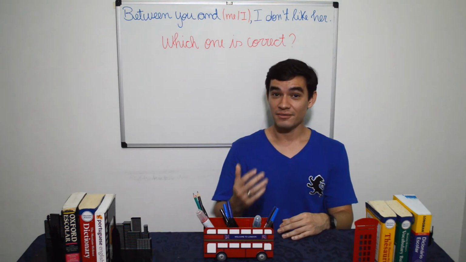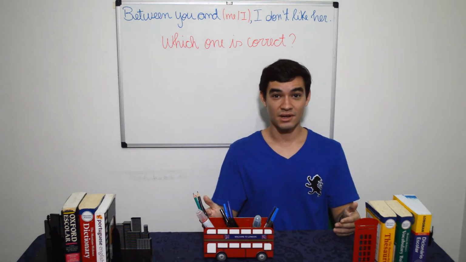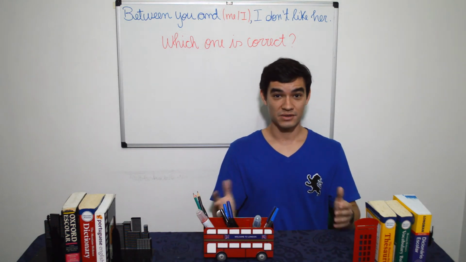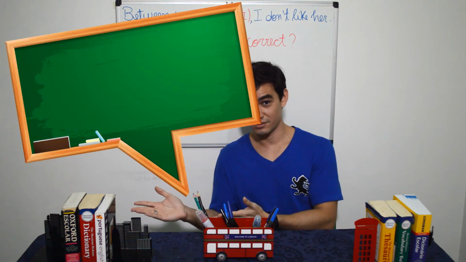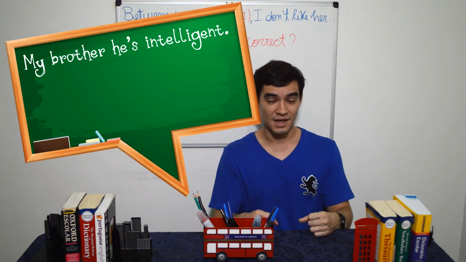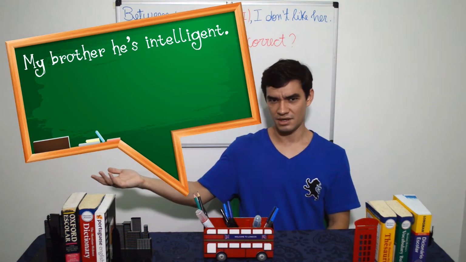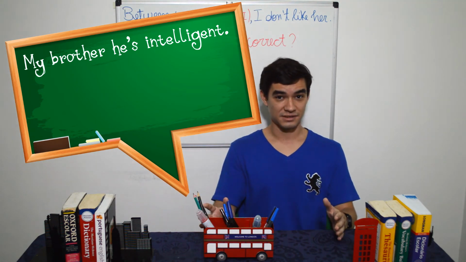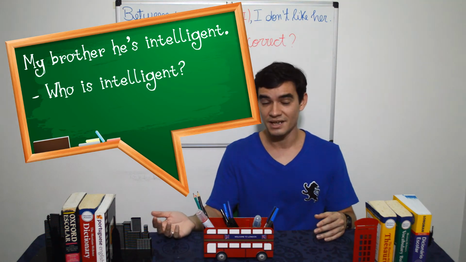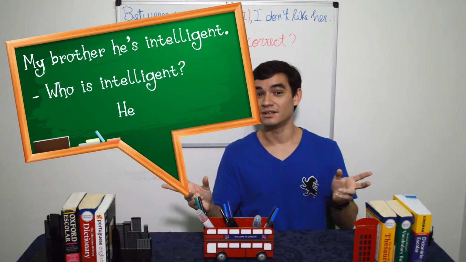If you are in doubt whether to put it or not, try to see who the subject of the sentence is, asking the verb. For example, in order to find out who the subject is in that sentence we gave, you just have to ask, who is intelligent? And the answer is he.